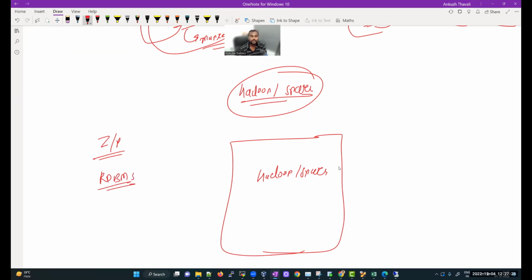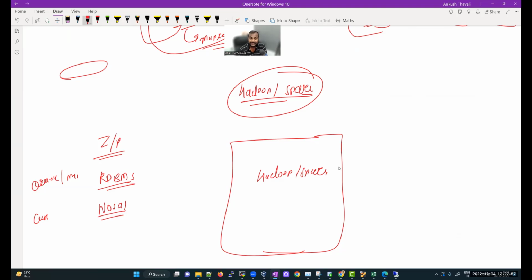Let's say you have data available in an RDBMS database like Oracle or MySQL or PostgreSQL. You can process that data also. Let's say you have data in a NoSQL database like Cassandra, MongoDB, HBase. It can take input from these NoSQL databases also.